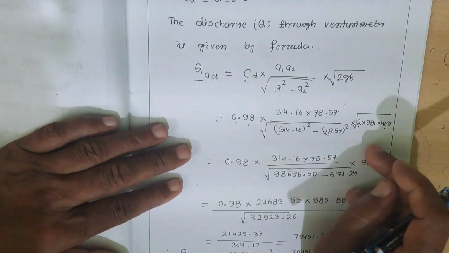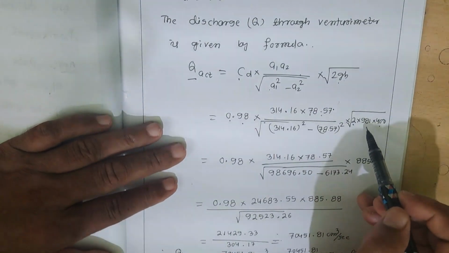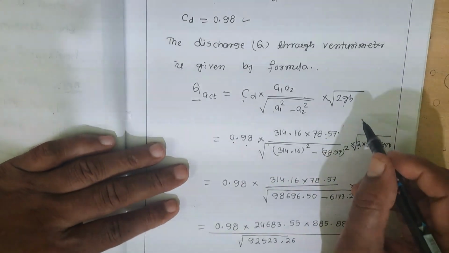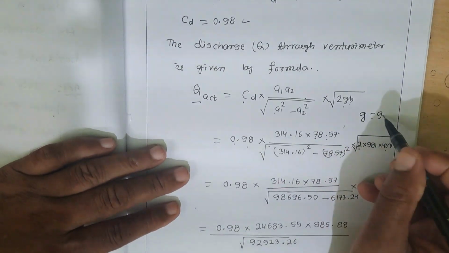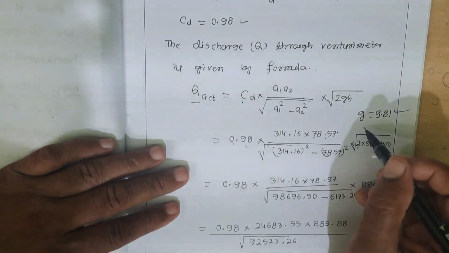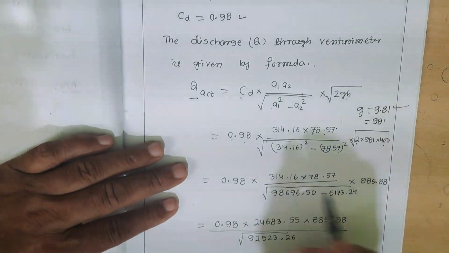Here we take g is equal to 981 because it is in CGS system. In MKS system, g is equal to 9.81, but for CGS system, it is 981.